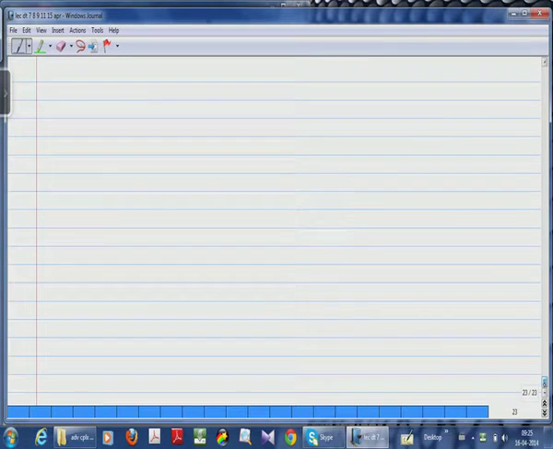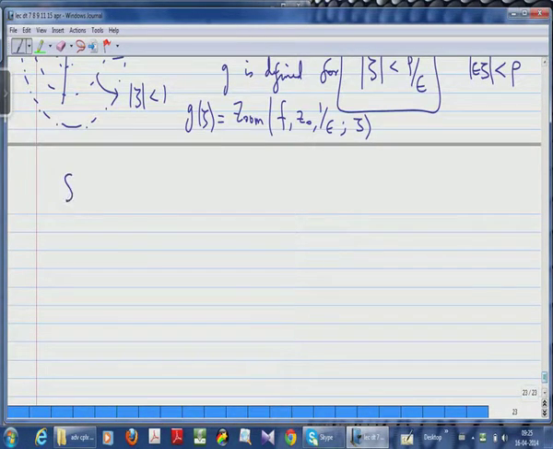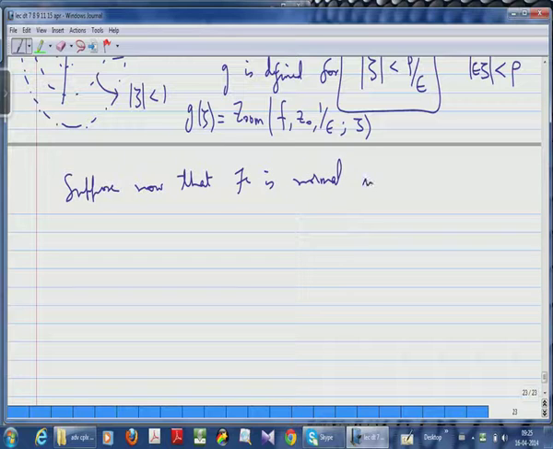Suppose now that script f is normal in mod z minus z0 less than or equal to rho. By that I mean it's normal in a slightly bigger open disk.